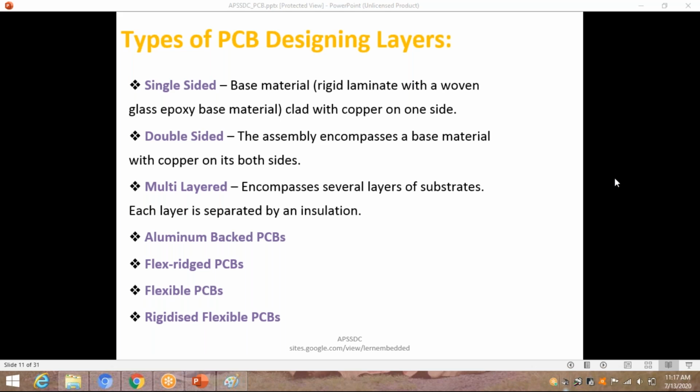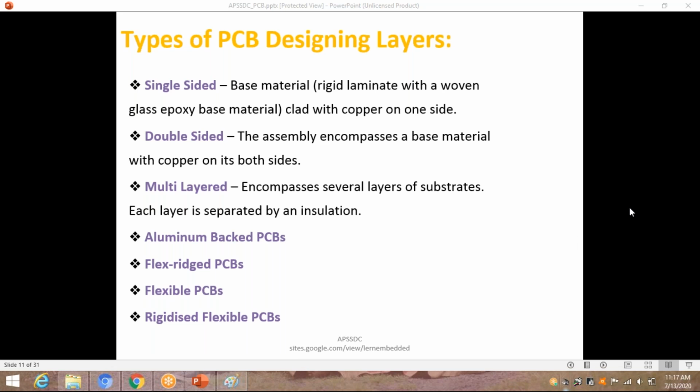The color is gold. Yes, that is a flexible PCB. Flexible PCBs we can bend or twist. Rigid flexible PCBs, you will be knowing all of this.